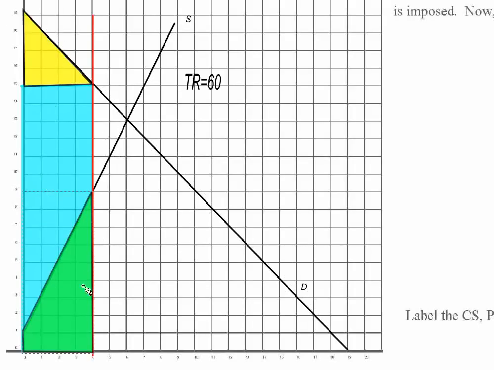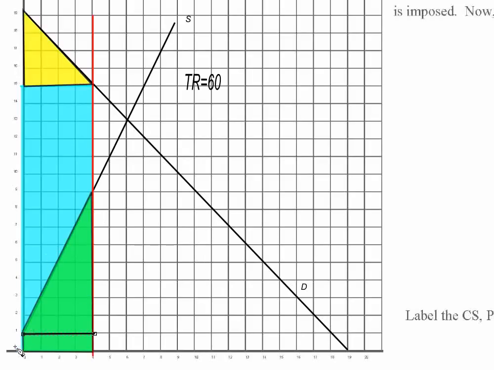To calculate the area of the variable cost here, we can break this green into 2 parts. Down below here is a rectangular part of variable cost below this line, and then the triangle up above, and we can add those 2 together to get the green variable cost.